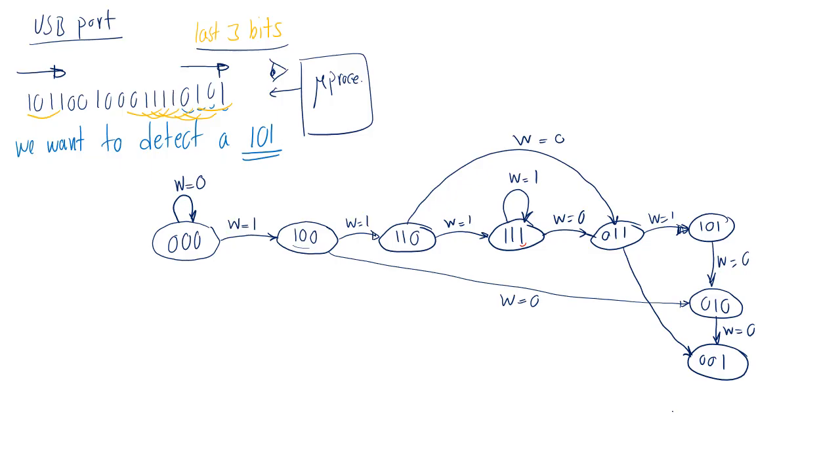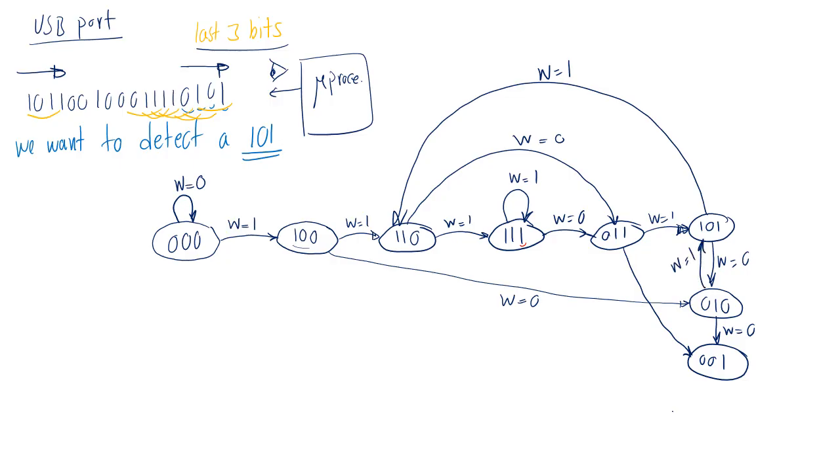If it's 1, we go to 1, 1, 0, which is here. So this is if W is equal to 1. And then for 0, 1, 0, if W is equal to 0, I'm going to 0, 0, 1. If it's 1, I'm going to 1, 0, 1, which is right on top.